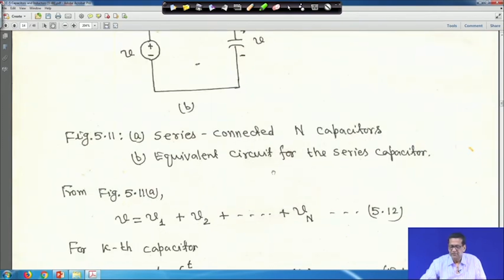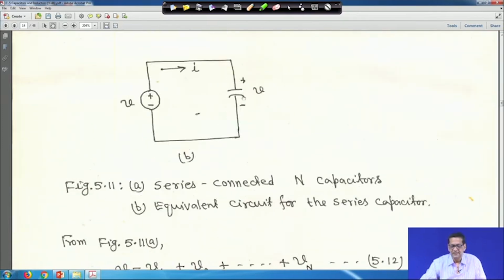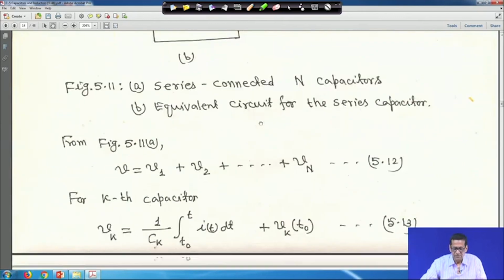This is the series connection and the equivalent circuit of the series capacitors, and this is Ceq. So, V is equal to V1 plus V2 up to Vn.